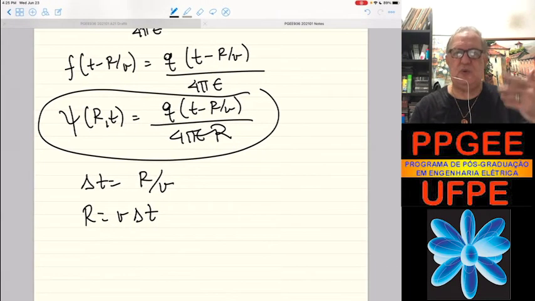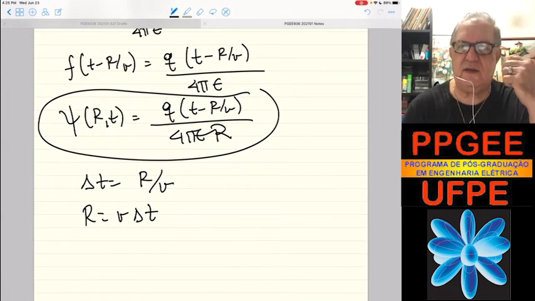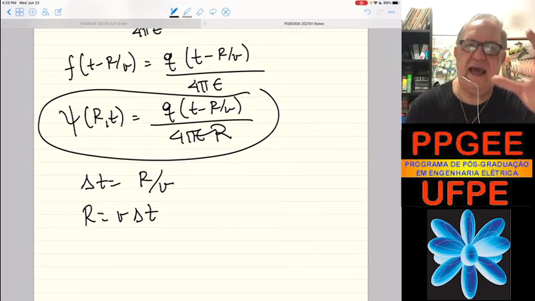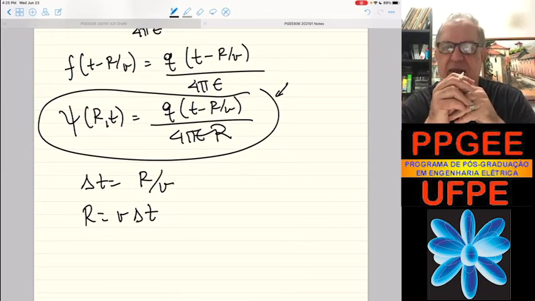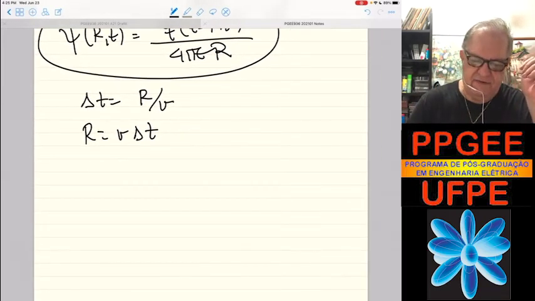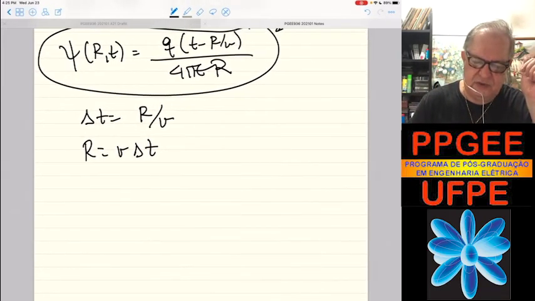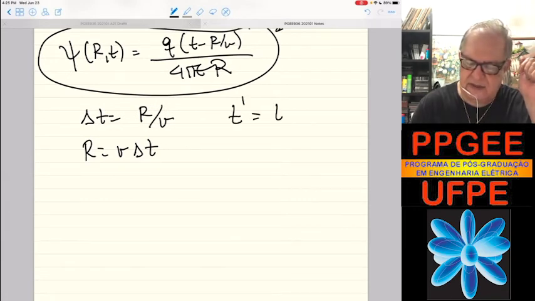So this solution for the scalar potential in the Lorentz gauge has a physical meaning, differently than the Coulomb gauge. So we have the cause and effect, time delay, the retarded solution. In fact, it's usual to write the retarded time t prime equals t minus r over v in this solution.